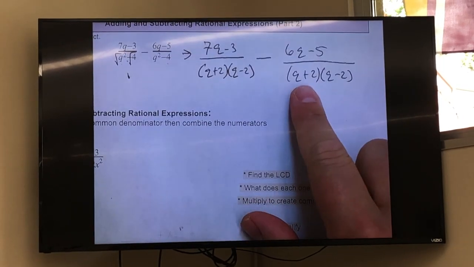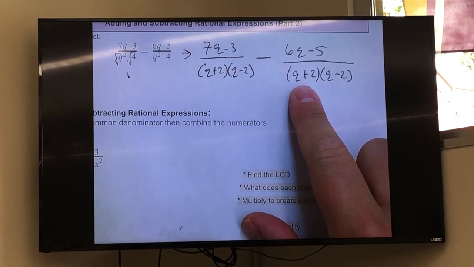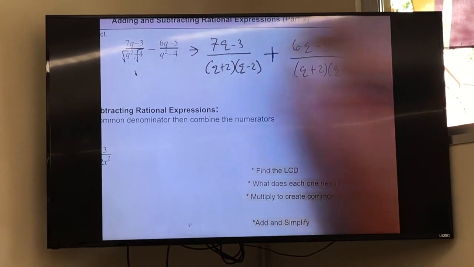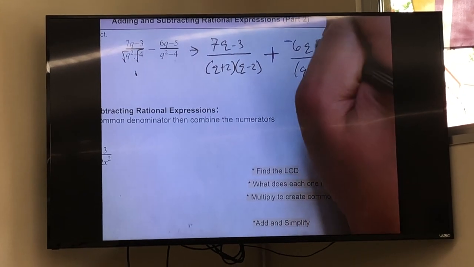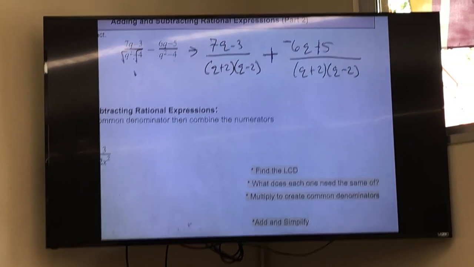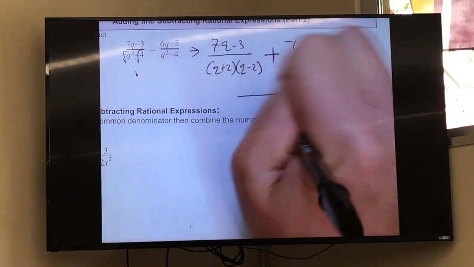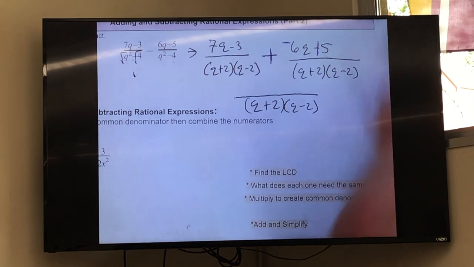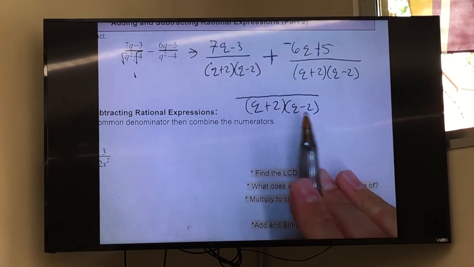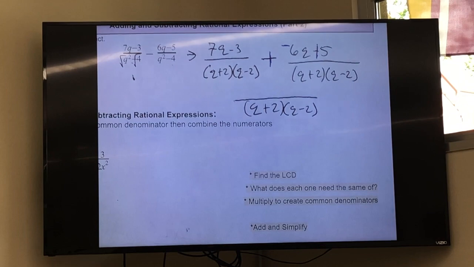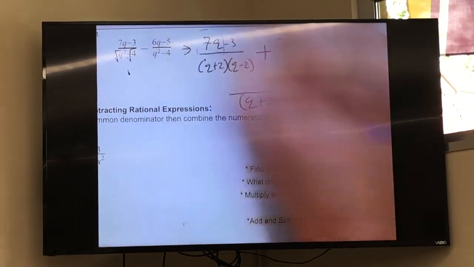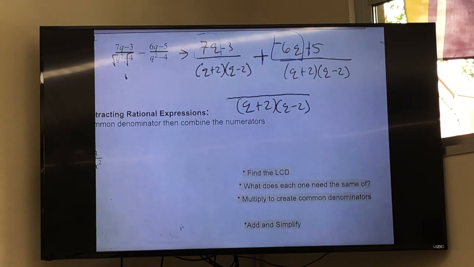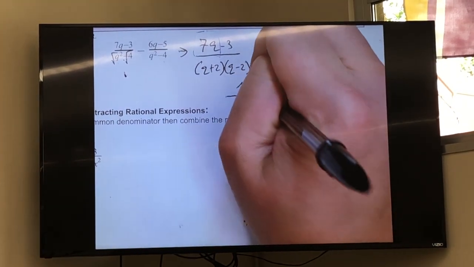Okay? Now that they have the same denominator, we're going to go ahead and distribute in our negative. So we're going to make that a plus, this a minus, and this a plus. So we are looking at a final denominator of (q + 2)(q - 2). We're looking at combining our like terms. So we have a 7q subtracting 6q, which will leave us with a 1q.